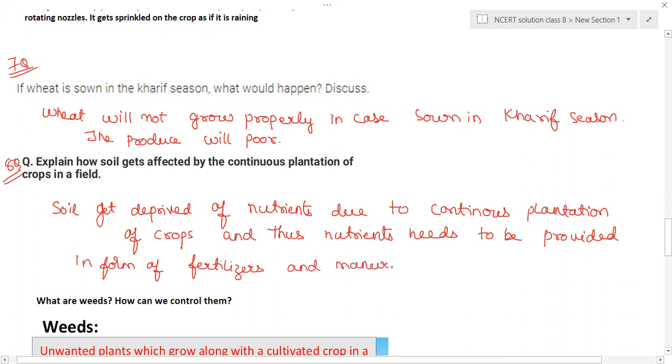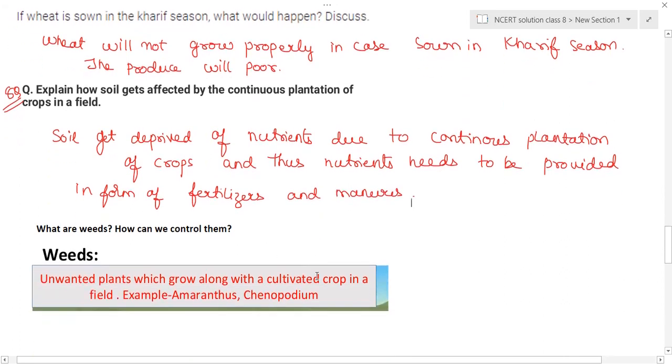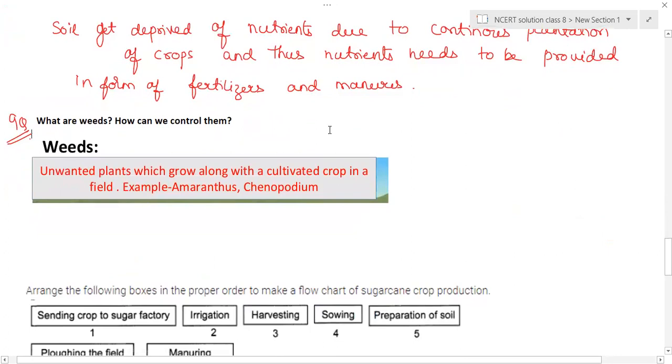There are many natural methods as well. In case the question is for a larger number of marks, you need to mention them too, such as crop rotation and leaving the field without any crop for a longer time. All that also needs to be mentioned. So the soil will be deprived of nutrients, and we need to add fertilizers and manures.